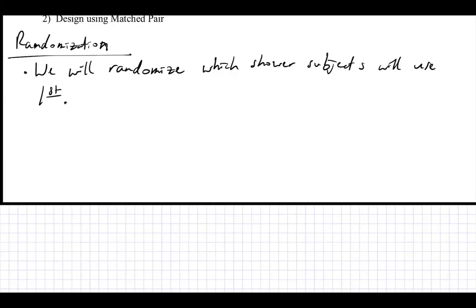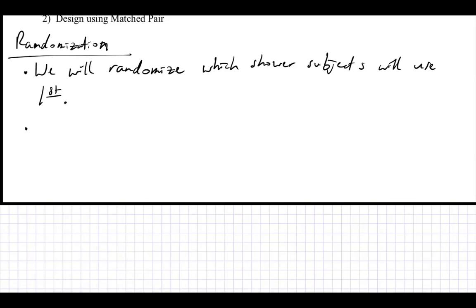Okay, so we said we're going to randomize which shower subjects will use first. How are we going to do that? I was thinking flipping a coin, right? Because don't you just have two choices? Shower one or shower two?